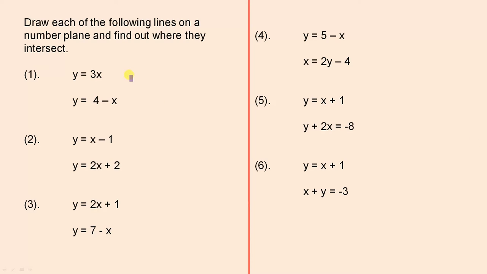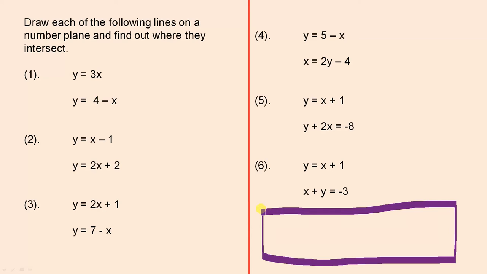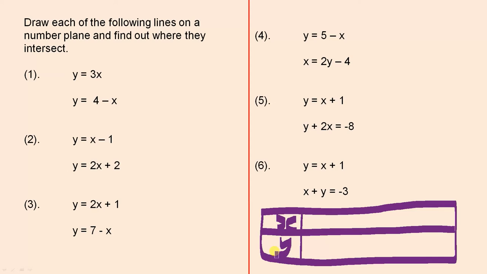Now very briefly, we're asked to draw each of the following lines on a number plane and find out where they intersect. What the lesson taught us was to do a table for each line, a simple table where we had an x value and a y value.